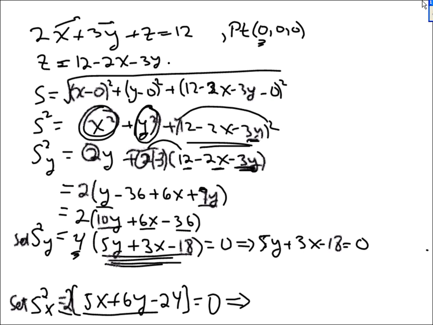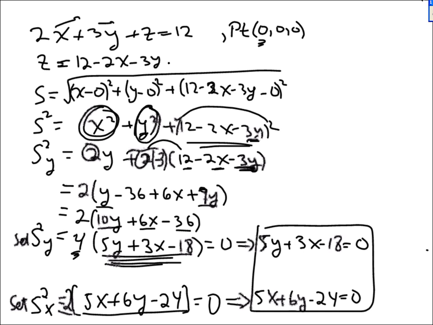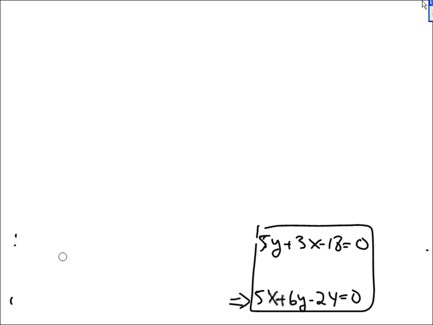If this times that is 0, it's the that happens to be the 0. So I need to solve this system of equations for x and y. And once I do that, I have the critical point.